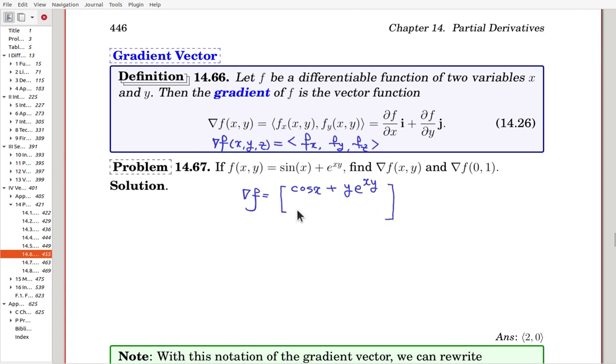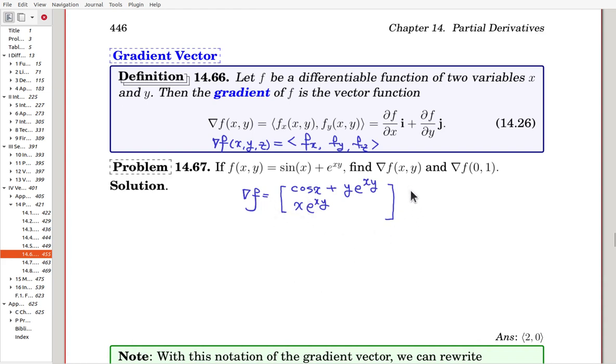Now, y derivative, that will be 0, and y derivative of this one will make x e to the xy. So that's the gradient. You can write as a vector side by side or vertically. It doesn't matter. That is the gradient vector.